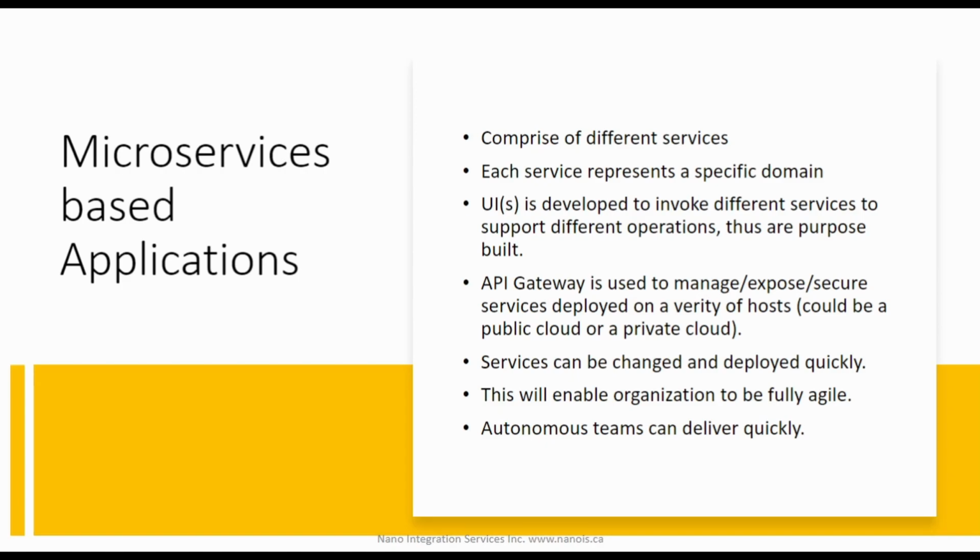This also enables organizations to be fully agile, which means that the agile team can deliver a small chunk of promised functionality within a short span of time, which also brings us to autonomous teams. Because these teams are working on a code base for a specific domain, and this domain is represented by this service, those autonomous teams can deliver quickly.